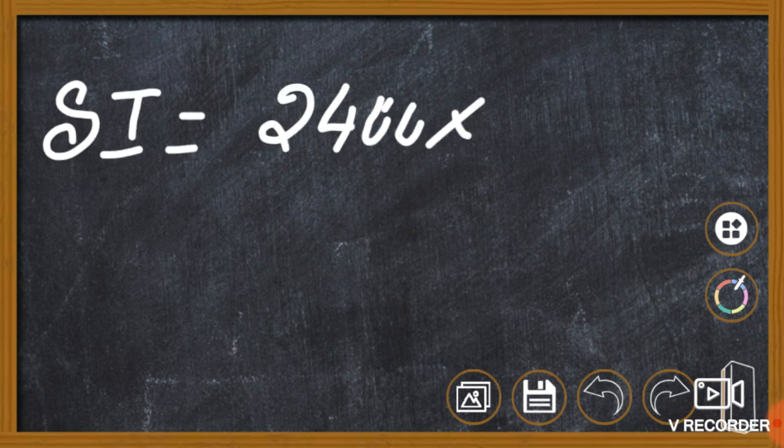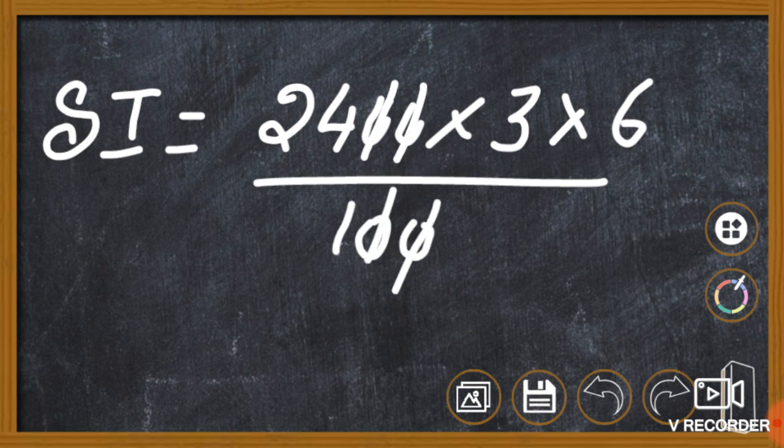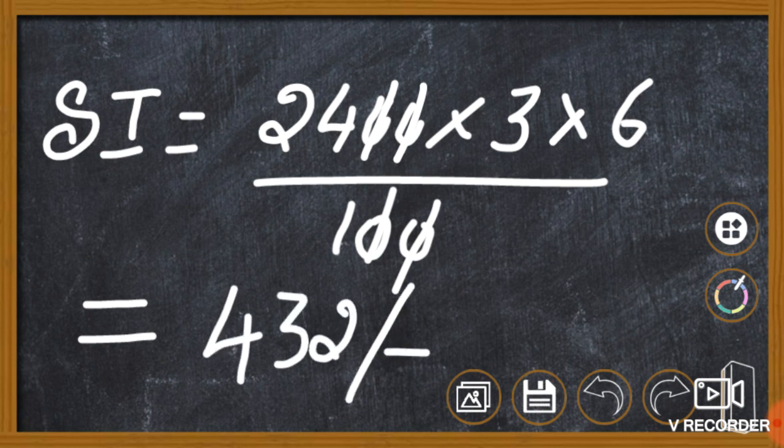Simple interest is equal to P into T into R by 100, that is 2400, T 3 years, R 6% divided by 100. 0 0 cancelled, 0 0 cancelled. So the product of 24 into 3 into 6 will lead to 432. So simple interest is rupees 432. This is the solution for question number 8.